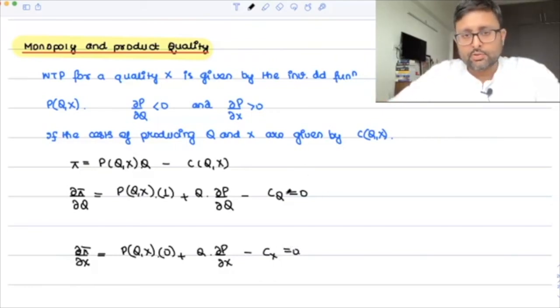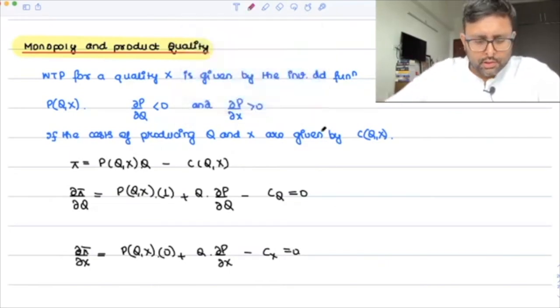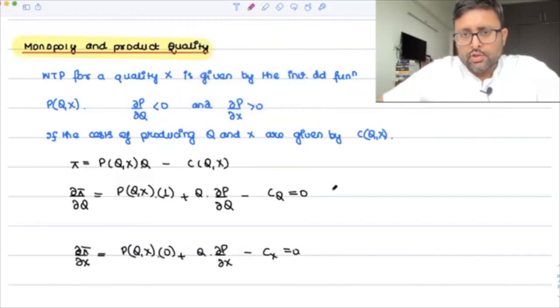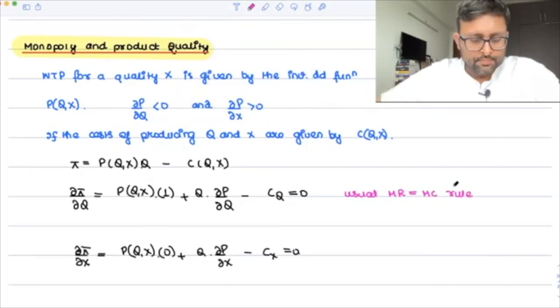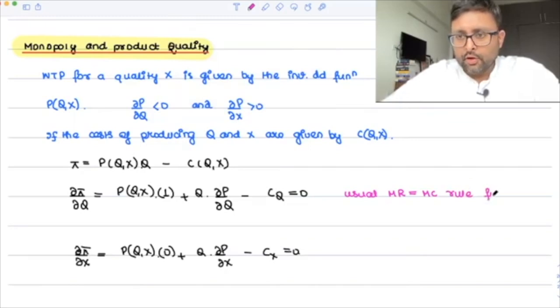So what is this rule telling you? It is the usual rule, your MR equals to MC. So this shows the usual MR equals to MC rule for output, right?